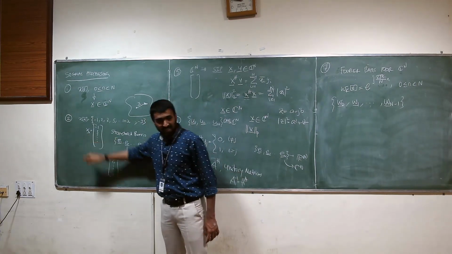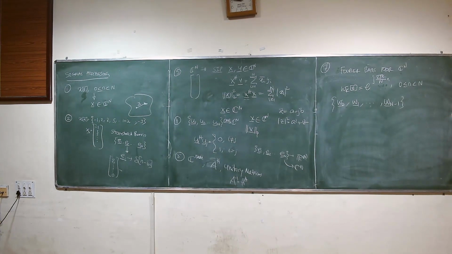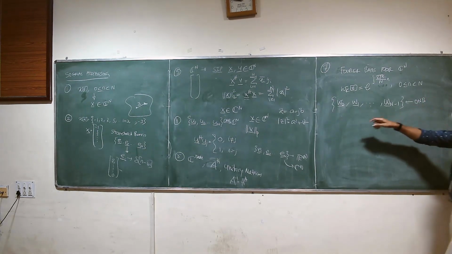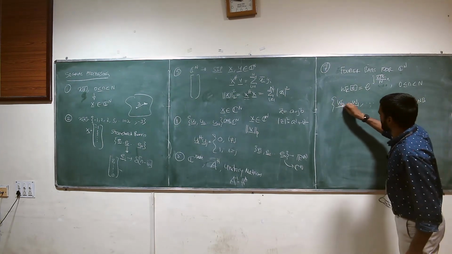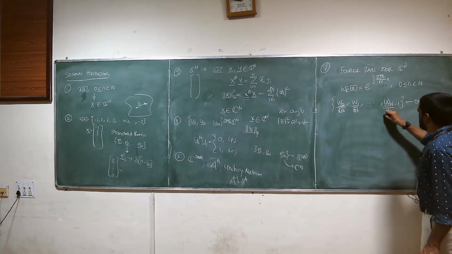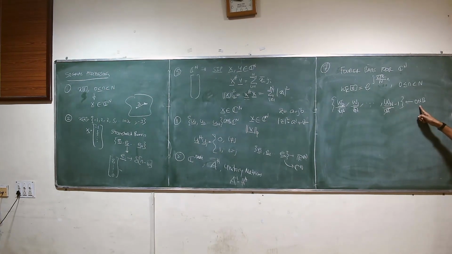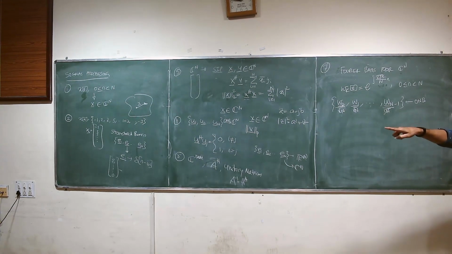How do I get the corresponding representation of x in the Fourier basis? Before that, the Fourier basis is an orthonormal basis, provided you divide each one by root n. Otherwise, it's an orthogonal basis, not orthonormal. If we divide each of them by root n, then this forms an orthonormal basis. If that is the case, how do we find the representation of x in the Fourier basis?